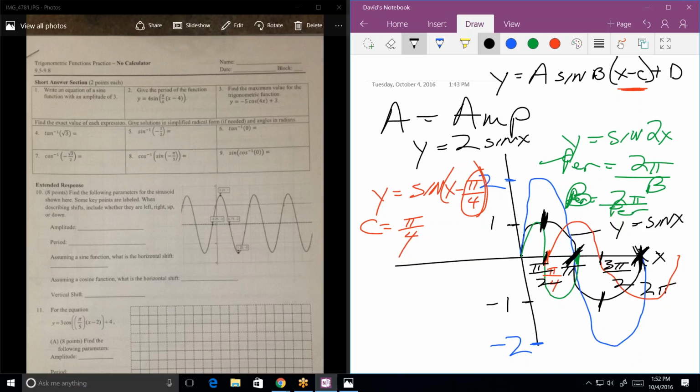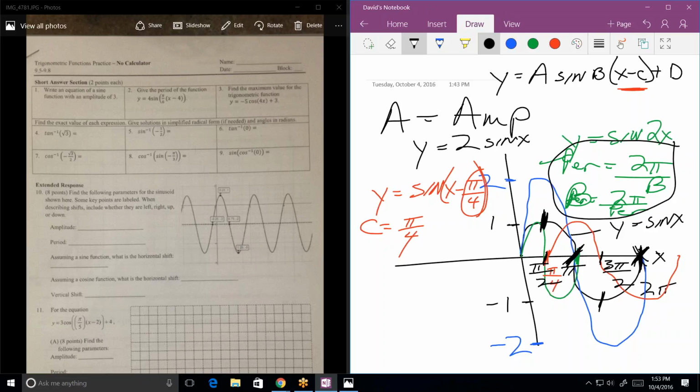Very important to know that. It's always 2 pi. It's also the period of y equals cosine x. It is not the period of tangent x. Pi is the period of tangent x. But when you're talking sinusoidal functions, all of these periods are going to be 2 pi. And that's why this is true right here. The period is 2 pi over b, or b is 2 pi over the period.